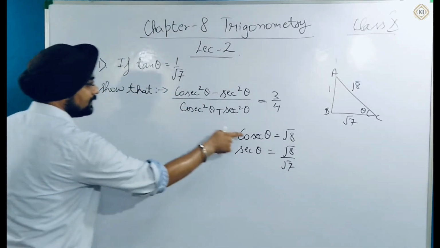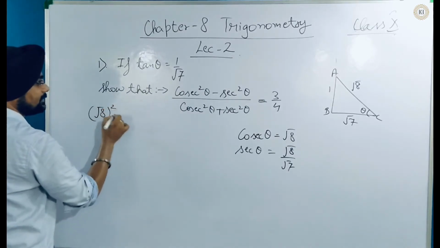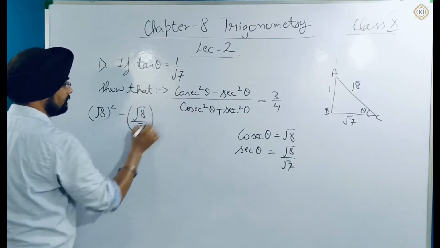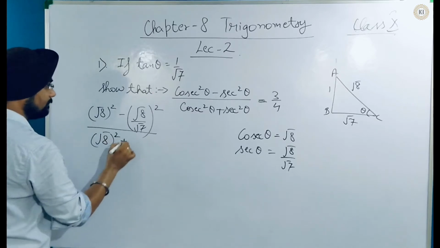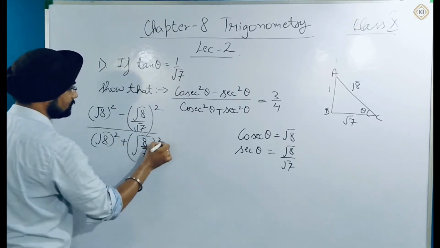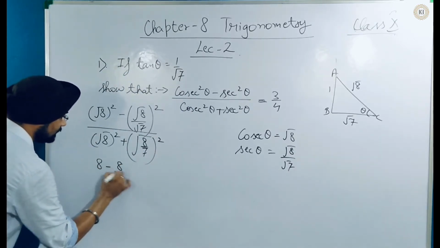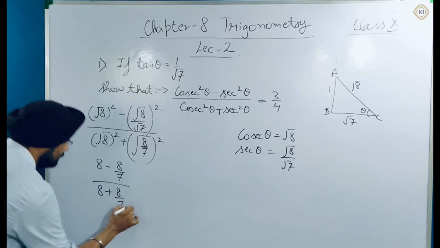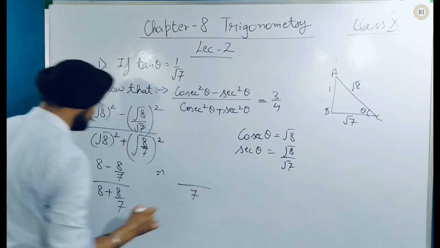Now cosec theta square: root 8 square minus (root 8 upon root 7) square, upon root 8 square plus (root 8 upon root 7) square. So root 8 square will be 8, minus 8 upon 7, upon 8 plus 8 upon 7. Now from here 7 is the LCM.